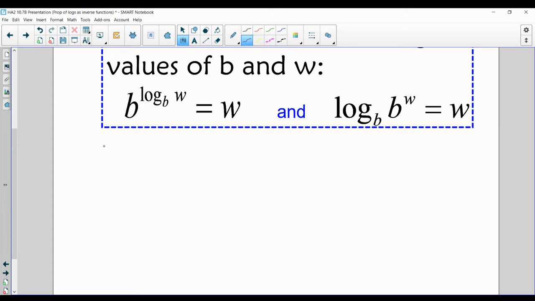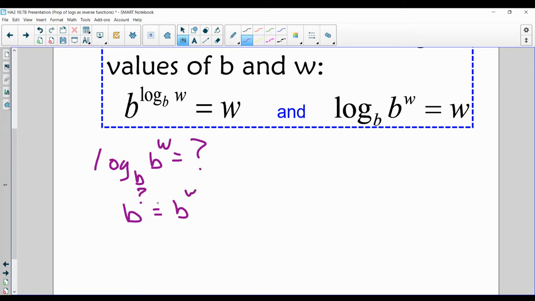Okay, let's say I didn't know what it was equal to. So log base b of b to the w equals I don't know. If I switch that into exponential form, I would have b to the question mark equals my argument here, which would be b to the w.